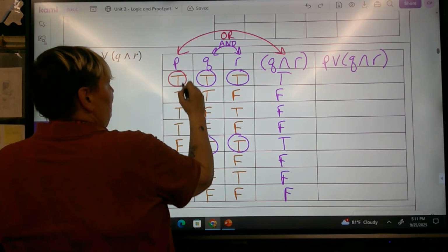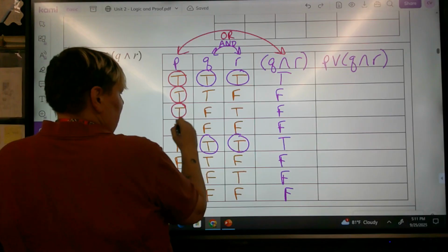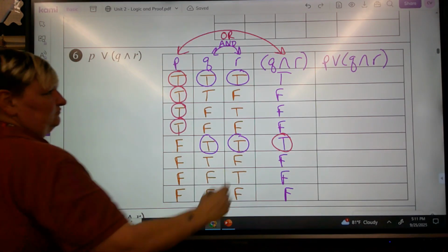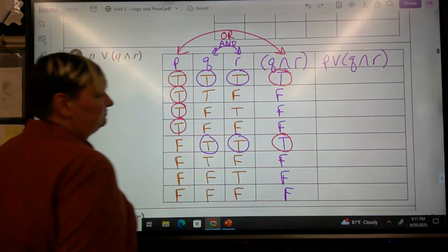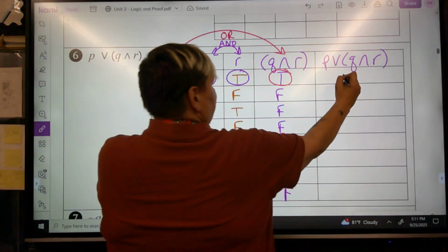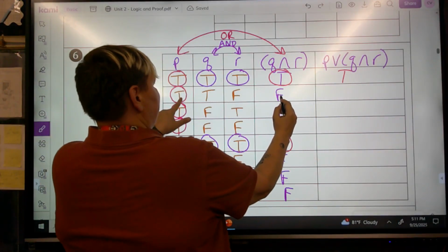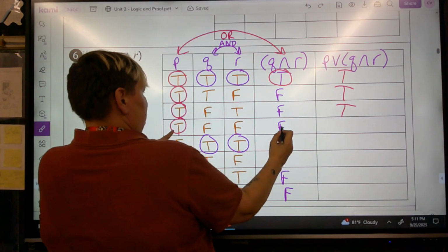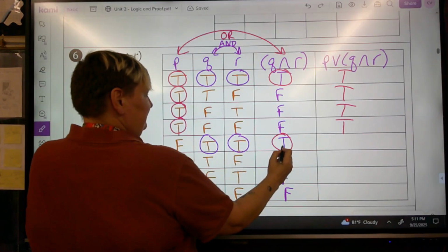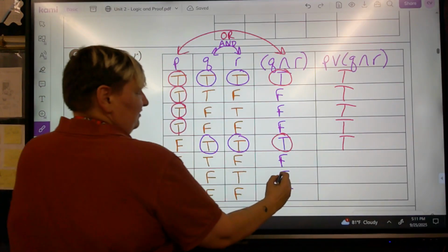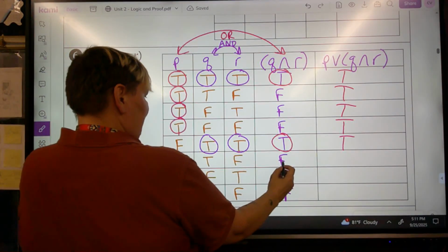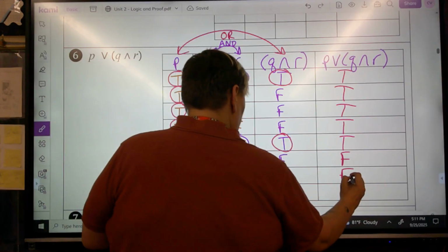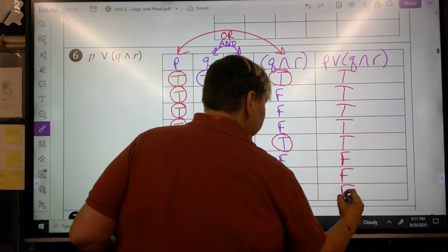So if at least one is true, this one has 2 true, true. This one has at least 1 true, true. At least 1 true, true. At least 1 true, true. At least 1 true, true. This one doesn't have any trues, so it's false. False, false, false. False, false, false.